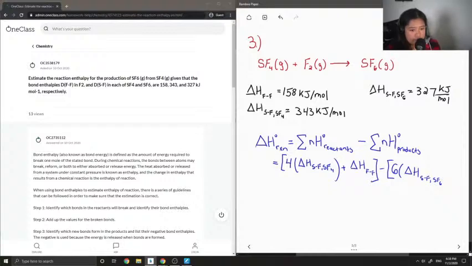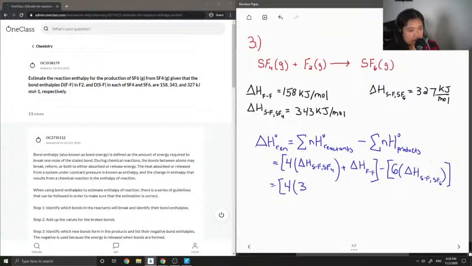And again, this is multiplied by 6 since there are 6 sulfur-fluorine bonds in this molecule. So I'm just going to write it showing all the different values.